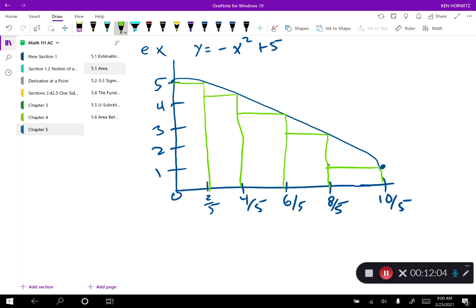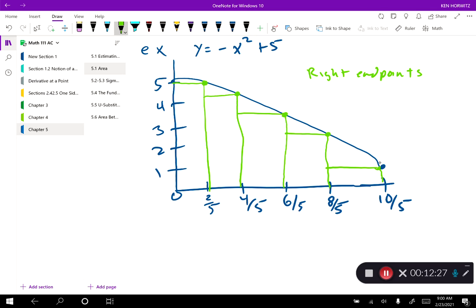Now, this first technique we're going to call right endpoints. And that's because the top right of my rectangle lands on the curve.